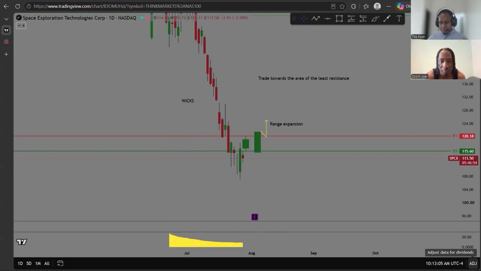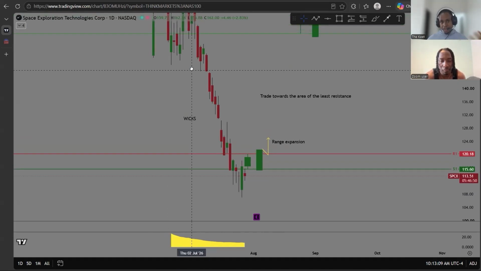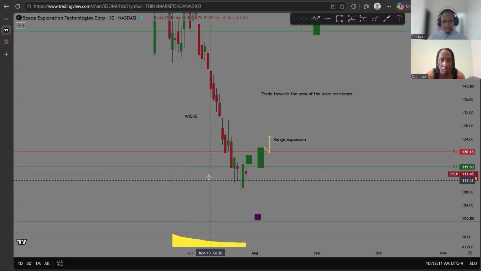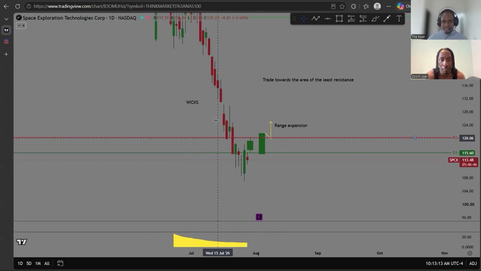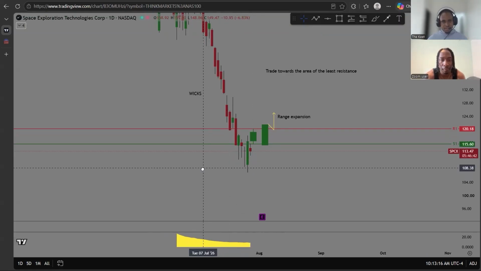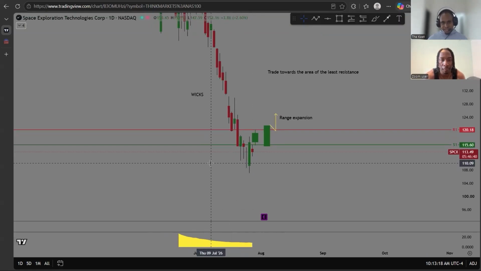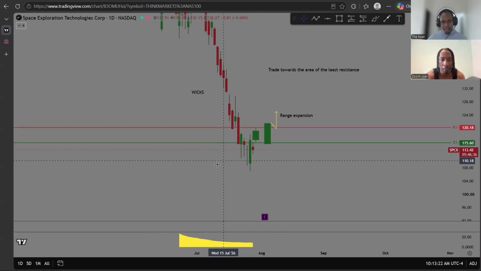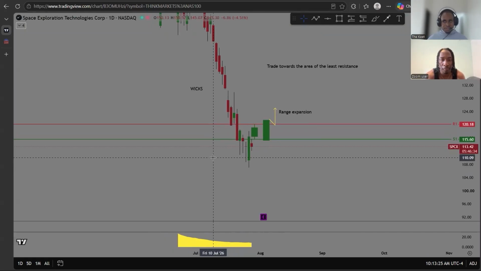What makes price move is the interaction of buyers and sellers. The price isn't just moving, it's the interaction of buyers and sellers that makes price move. And any analysis that we do is on the daily time frame, because God did not create the earth in minutes, He did not create the earth in seconds.